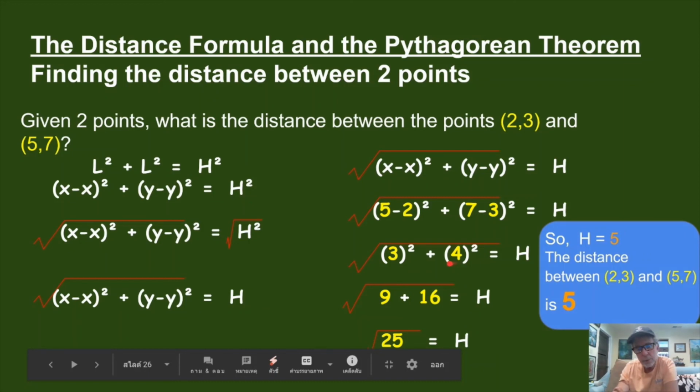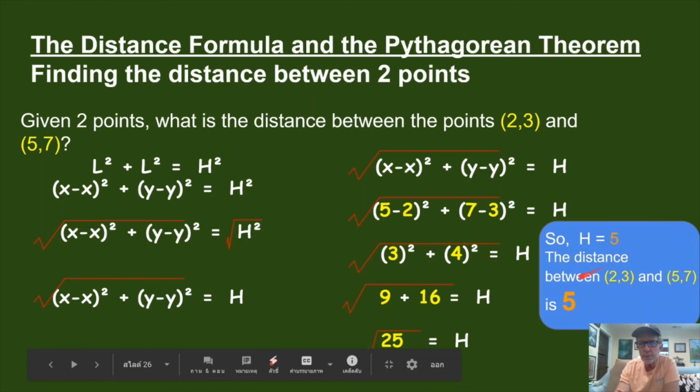And so I used a very common triangle, and so we have 3 squared, which is 9, plus 4 squared, which is 25. And so we know that the length of the hypotenuse is the square root of 25, which is 5.